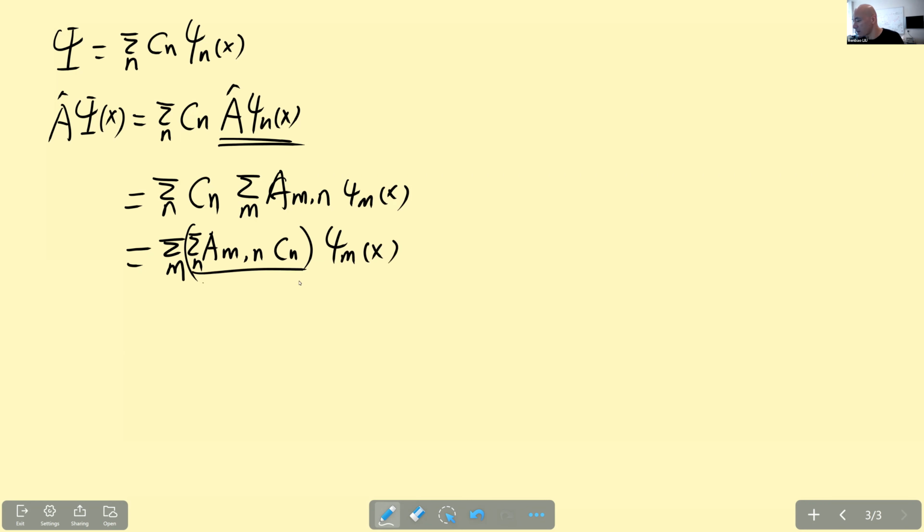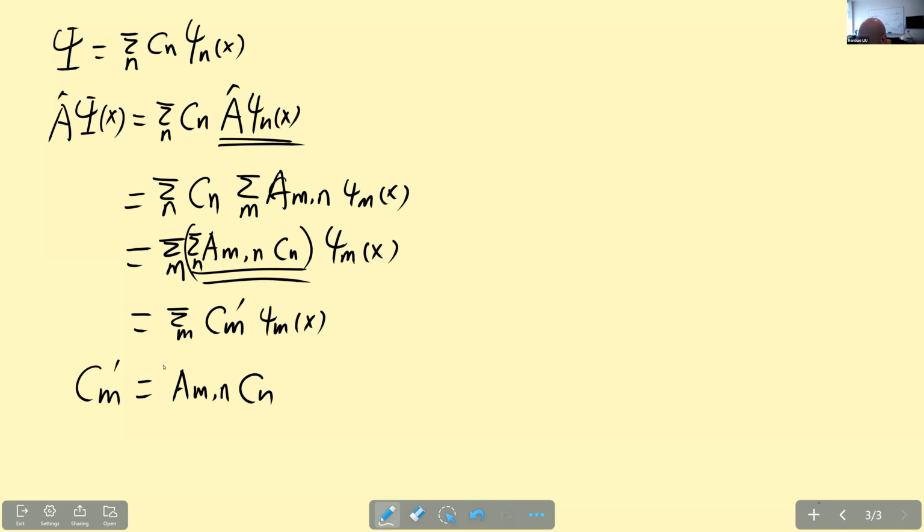Do the summation of M, okay, and then do a summation of M. So you can see that this one is just the new coefficients, right? So this is equals to summation of M Cm prime percent Mx, with this Cm prime just equals to A M M Cm, do the summation of M. So look at this one. This is just exactly the same form as the matrix product, right?